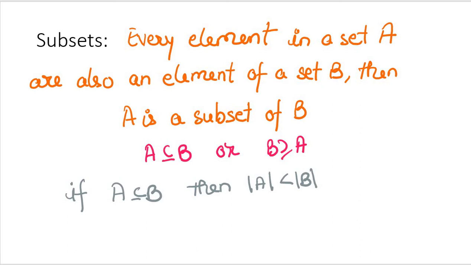We will separately talk about this particular thing once again, but looking at this particular definition, you might have got an idea that if A is a subset of B, then obviously now we are talking about the number of elements in the set.